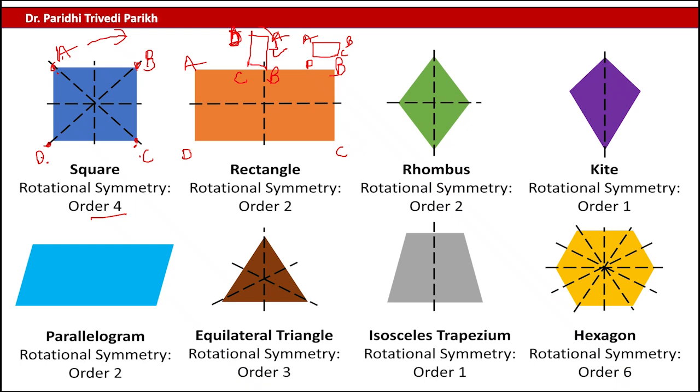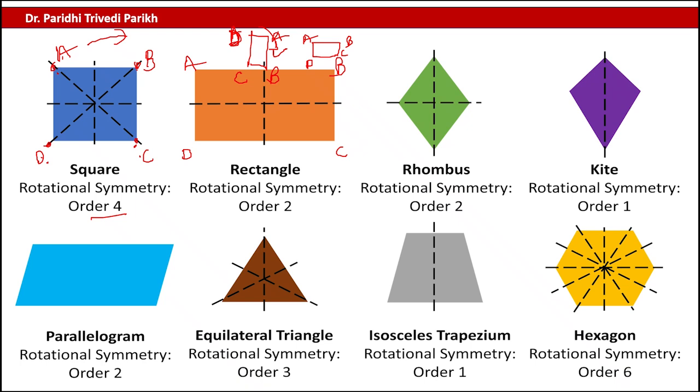If I again rotate clockwise by 90 degrees, I'll get the same figure which it was earlier. So if you check that way, the order of rotational symmetry over here would be 2.